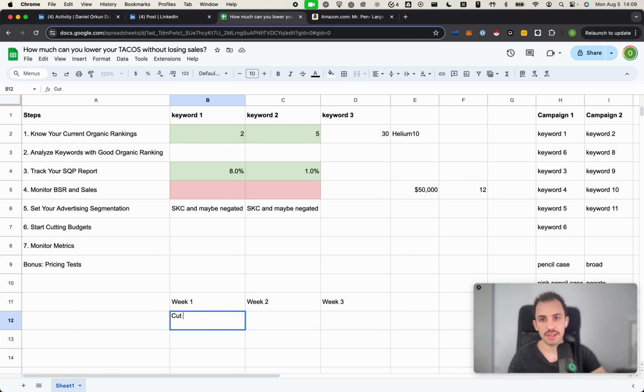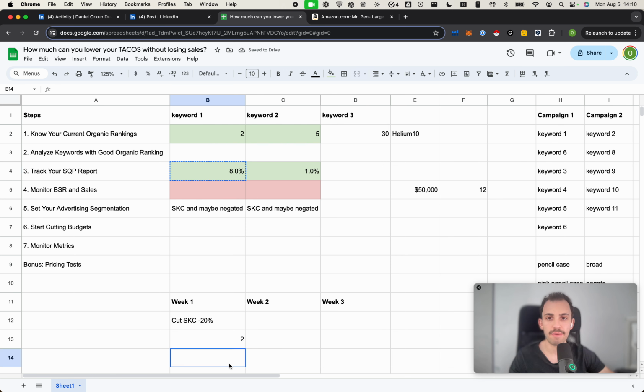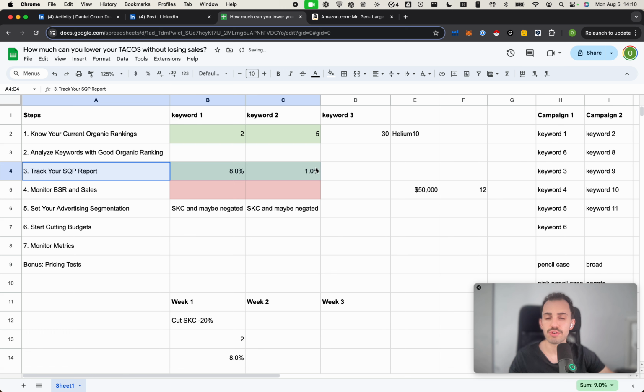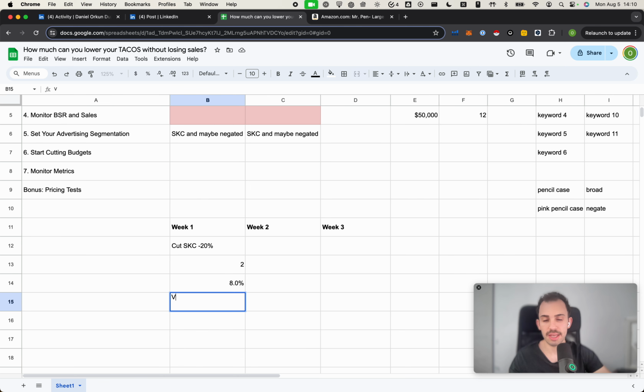I cut the single keyword campaign budget by, let's say, 20%. So what's happening is, I'm cutting keyword 1 by 20%. And what I want to see is that my organic rankings stay the same, my search query performance report market share stays the same, my BSR stays the same, and my sales are relatively the same.